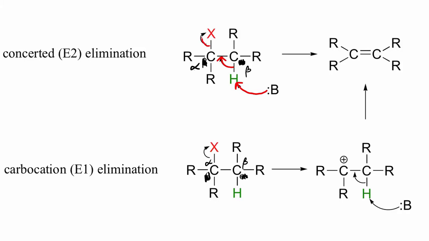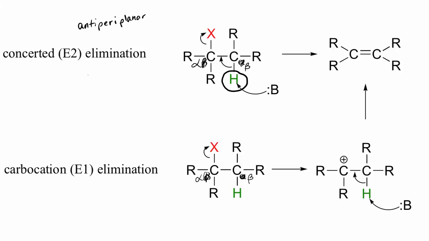So the kinetics here, this is second order because the rate is going to be related to the concentration of both the base and the alkyl halide. For the E2 elimination to occur, the beta hydrogen needs to be anti-periplanar in relation to the leaving group, in relation to our halogen.